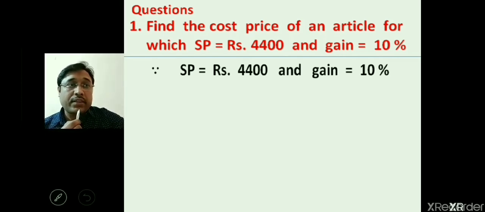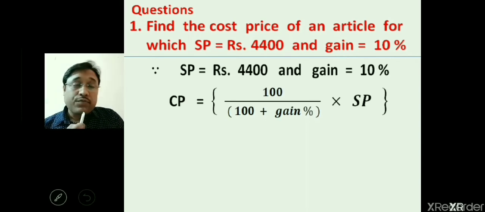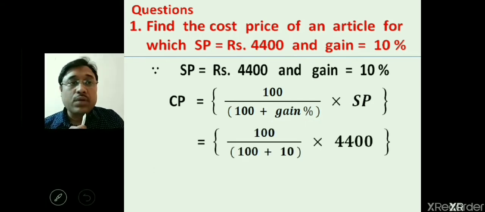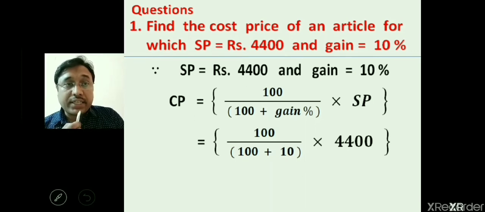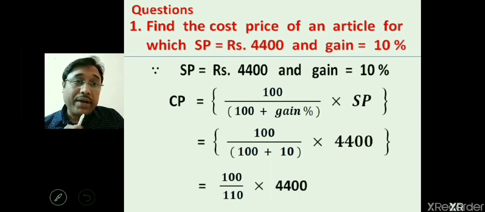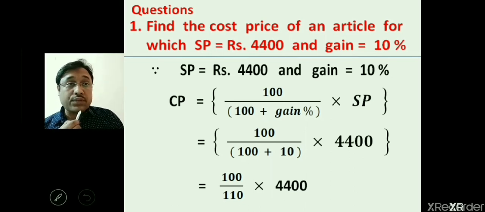Then we will use this formula: cost price equals 100 by 100 plus gain percent into selling price. This SP is showing the selling price. That equals 100 by 100 plus 10, which means 100 by 110 into 4,400.